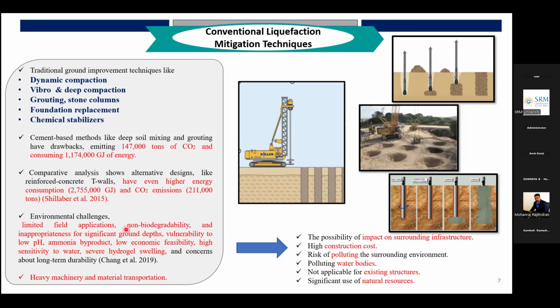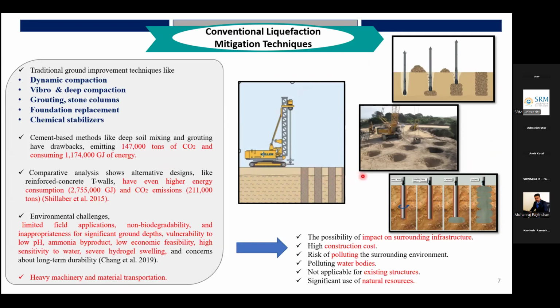These are the long-term concerns with respect to the existing methods. And we are also using heavy machinery and materials. So we are using heavy machinery for material transport. You can see some of these methods presented on the right side.